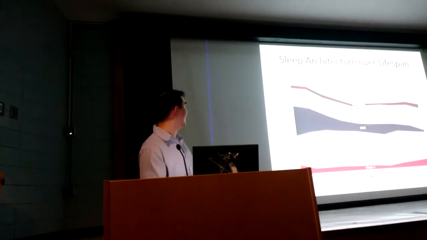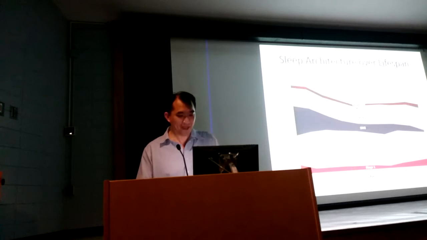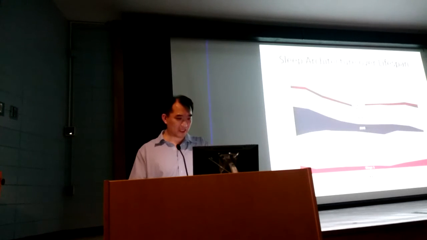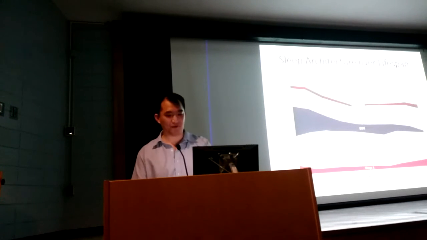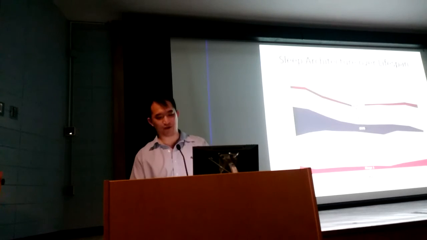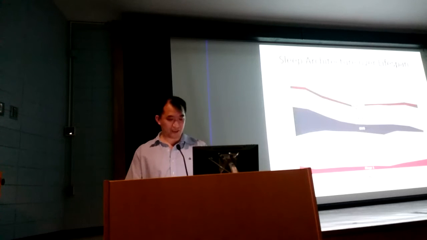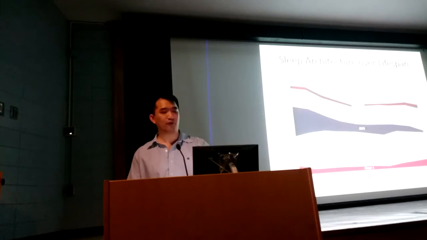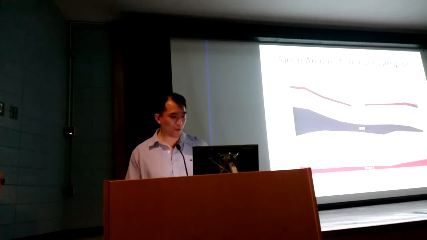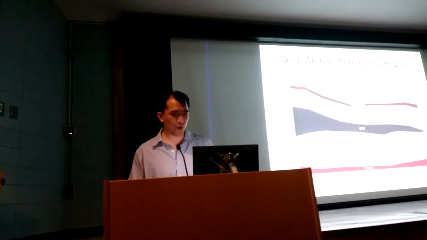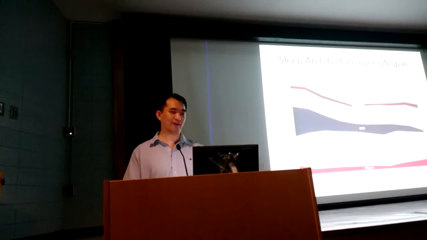Okay, and this is the sleep architecture over the lifespan. Even though this only covers ages 5 to 50, the trend follows all the way up to 80 and even 100. As you get older, stage 2 stays relatively stable. It's the slow wave sleep that decreases. REM sleep decreases slightly, and then there is WASO, wake after sleep onset, meaning how much time you spend awake after you have gone to sleep.